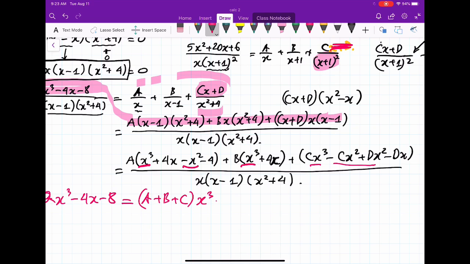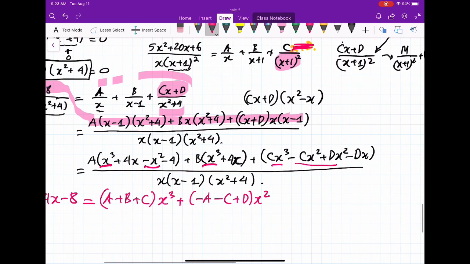So I have (minus a minus c plus d) x squared. You see? And then for the x, I have 4x in here, 4x in here, dx in here. So basically that is minus 4a, plus 4b, and then minus d. And the free coefficient is just right here, minus 4a.